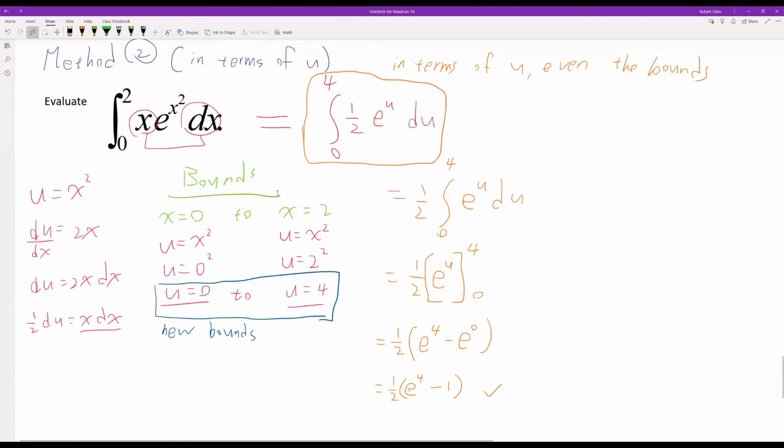And one thing with method 2 you want to be careful about is you always want to take care of the bounds. The bounds have to be in terms of u as well. Okay, so both methods are very fun, very nice to work with, and just pick one that you like.